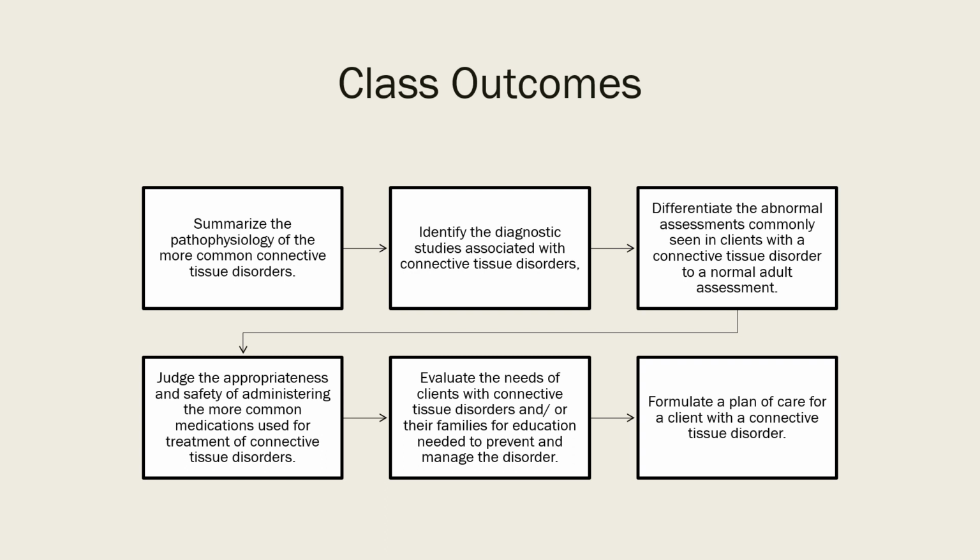We will judge the appropriateness and safety of these medications. We will evaluate the needs of clients with connective tissue disorders and/or their families for education in order to manage the disorder, because again, a lot of this is going to be education based and lifestyle changes. And because we are nurses, we are going to formulate that plan of care for a client that has a connective tissue disorder.